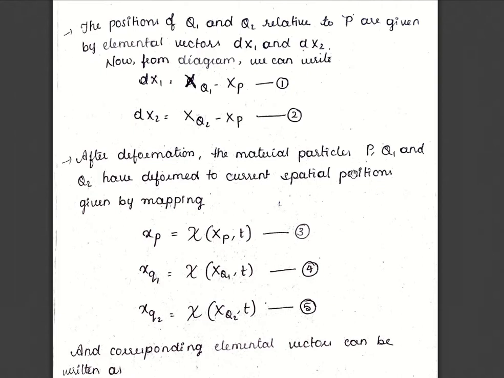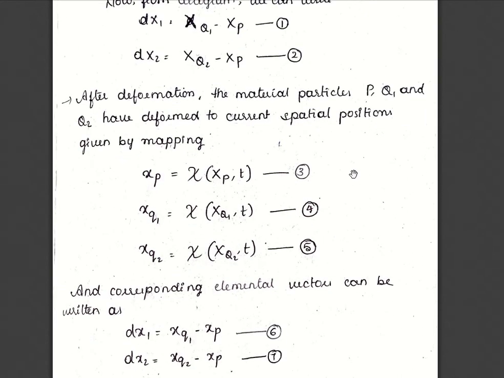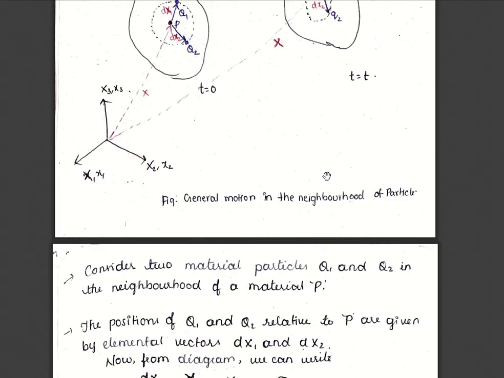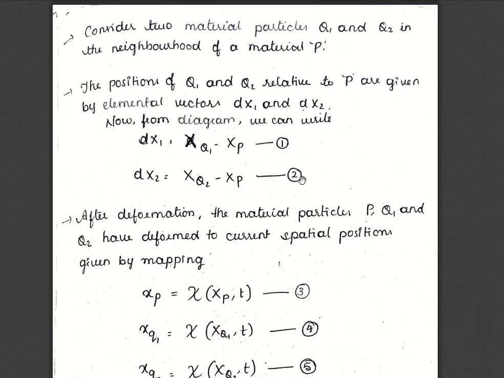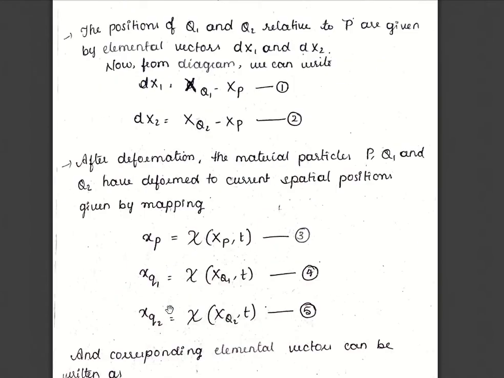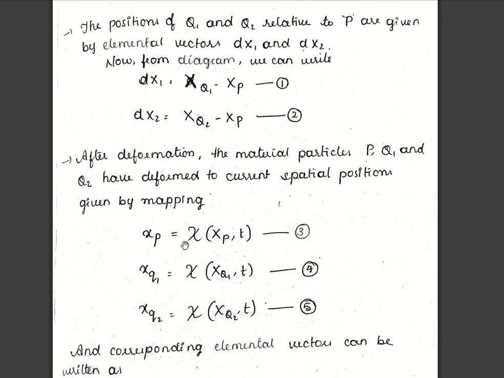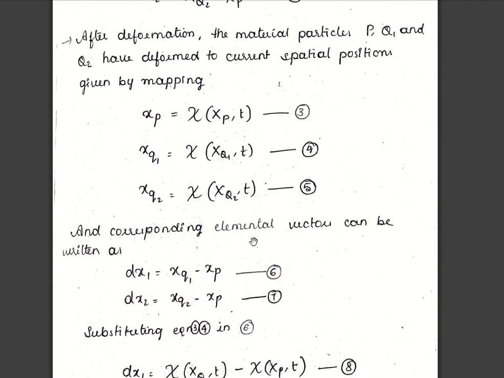After deformation the material particles Q1 and Q2 have deformed to their current spatial positions, given by a mapping. With the help of the mapping we denote these spatial coordinates. So how can we represent x_p? It is the deformation function of capital X_P comma t.